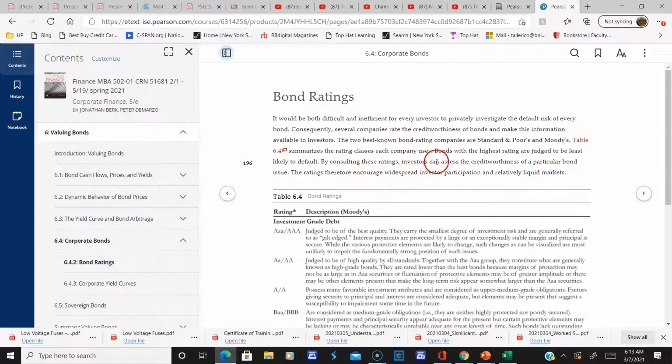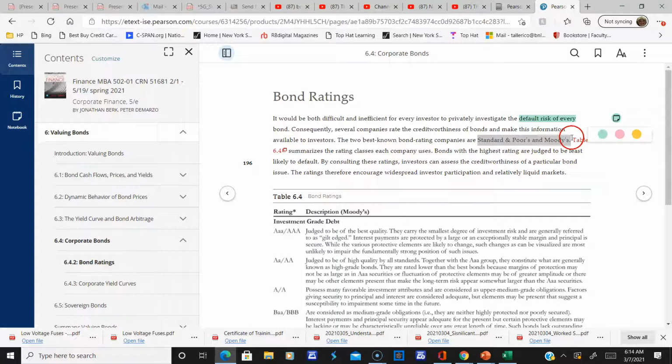I want to speak about this a little bit. Bond ratings. There are companies that will rate bonds according to their chance of default, right? So basically, the default risk is given a rating by companies, and there's a couple companies who do it, and one in particular is Moody's, right? Moody's investment rating, and the other is Standard & Poor's.